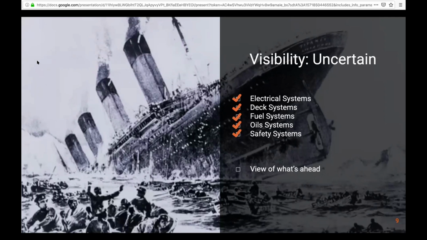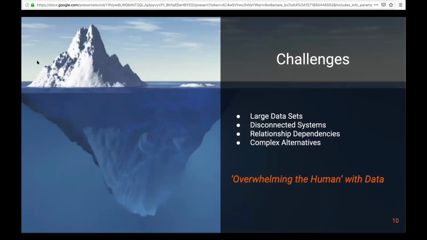As we go into the next slide, the data sets are huge. They're spread out across those systems as well as upstream systems, and we'll talk a little bit about that, whether it's the various ERP systems or any of the functional supply chain systems. But they're disconnected, and at the same time, they're highly dependent on one another.